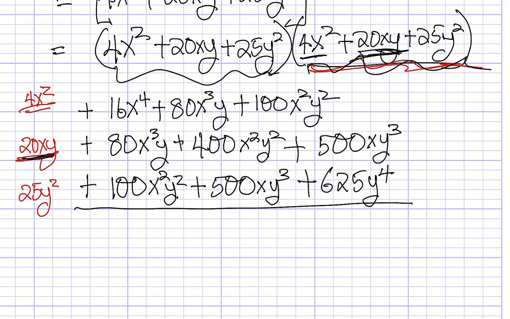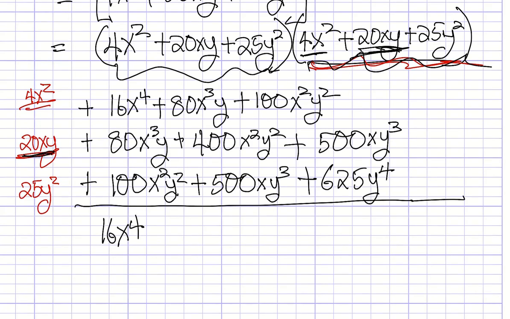You see, right? So the good news is, look at the powers. So we can say 16x raised to power 4. There's nothing to add it to. And then at the other end, 625 y raised to power 4.